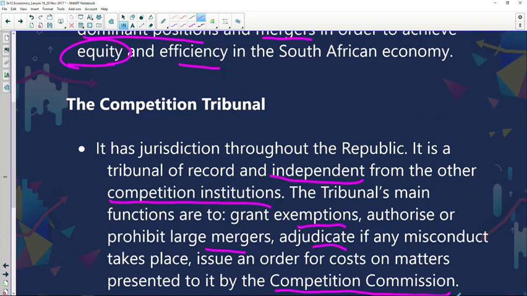And we know that they can grant exemptions. So if you want to be exempted from a particular clause in the Competition Act or in the policy, you have to approach the Competition Tribunal for that. Also, they authorize and they prohibit large mergers.